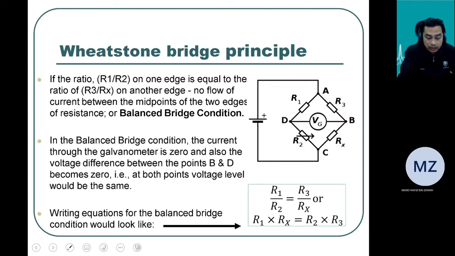So if R1 over R2 is equal to R3 over Rx, that one we call a balanced circuit.